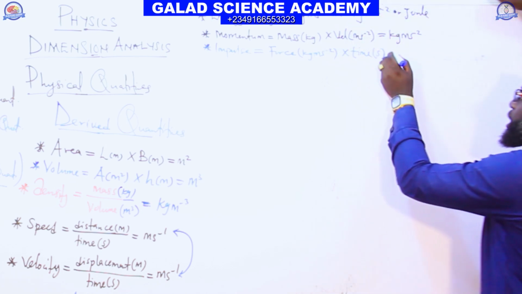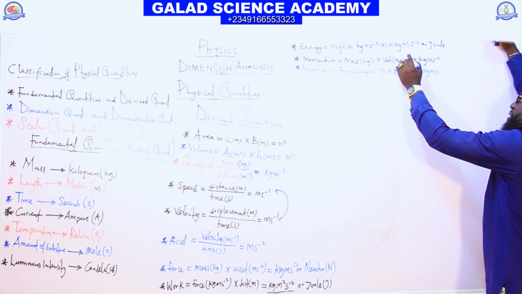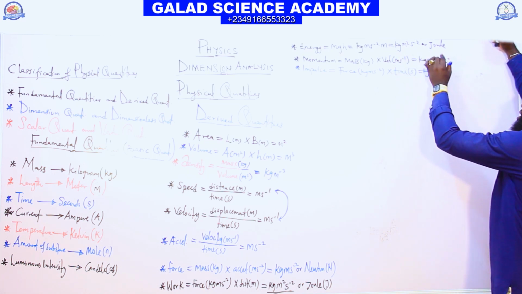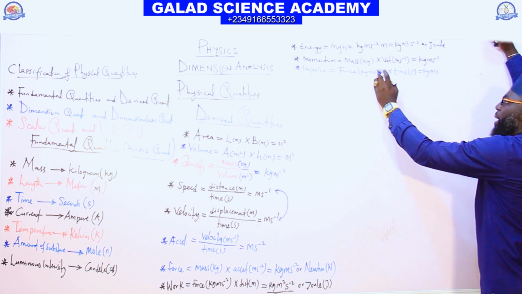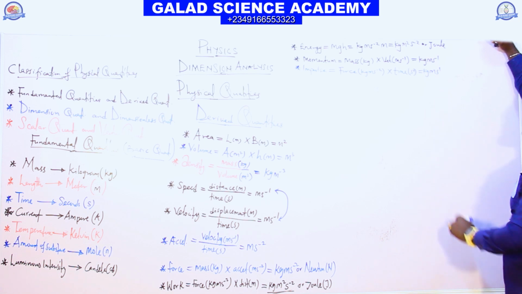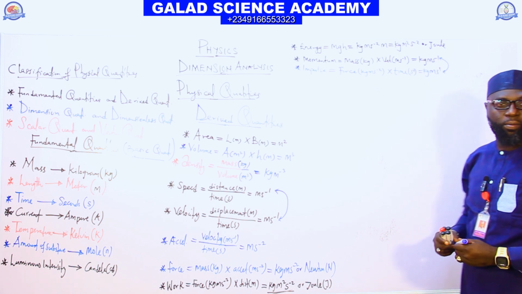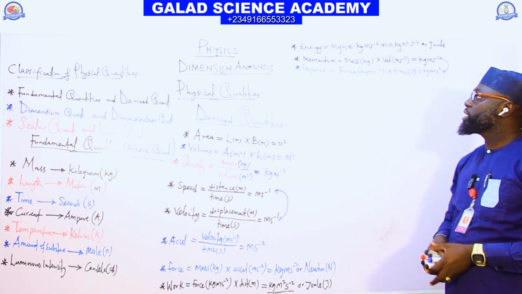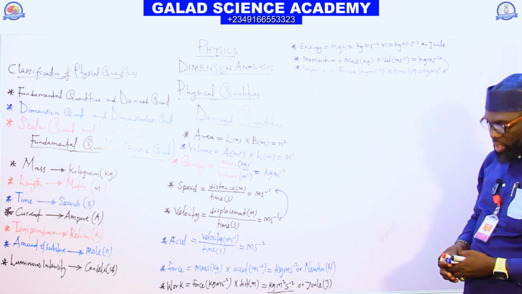Multiply it, it will give us what? Yes, okay, there's a mistake here. Per seconds. Yes, so here we have power 1, minus 2 plus 1, gives us this. You can now see that momentum and impulse have the same unit. So you can use momentum to represent impulse.